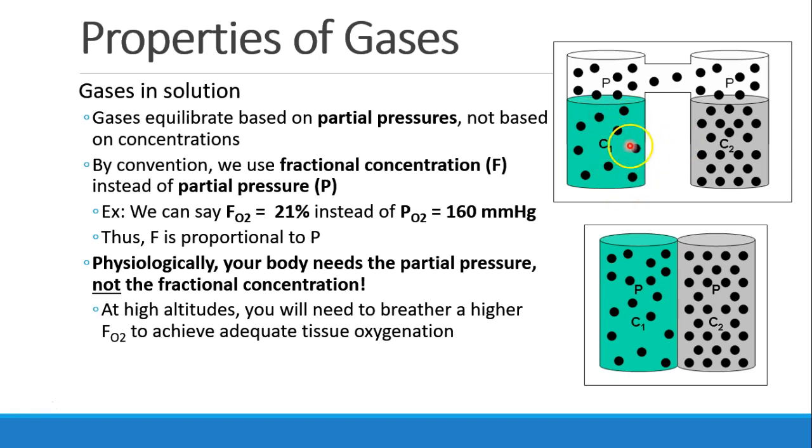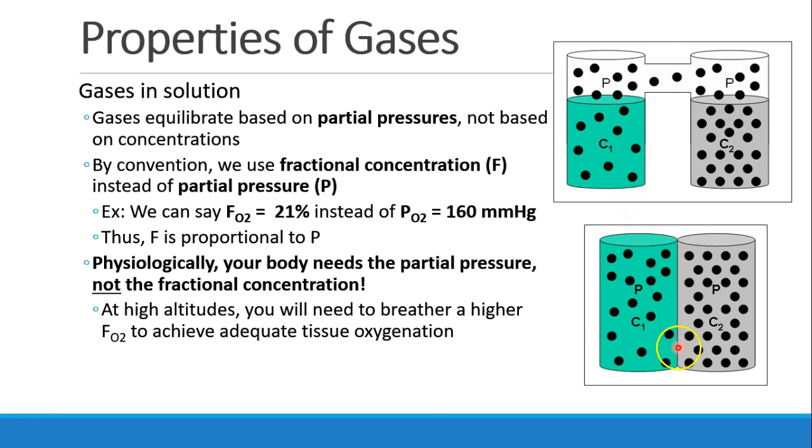So the anesthetic can dissolve in the water a little bit. It can dissolve in the oil quite a bit more. And so the concentration of anesthetic in the oil is much higher than the concentration in the water. But this whole system is in equilibrium. What is in equilibrium is the partial pressure. We know that the pressure in both of these containers is the same because there's an opening between them. And so therefore the partial pressure throughout the entire system is the same.